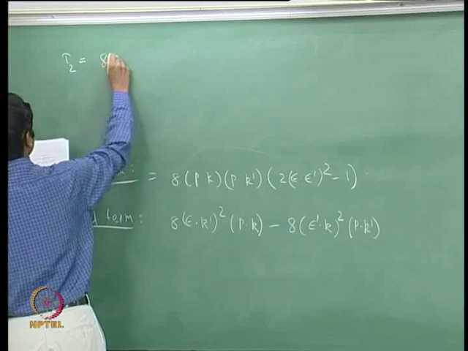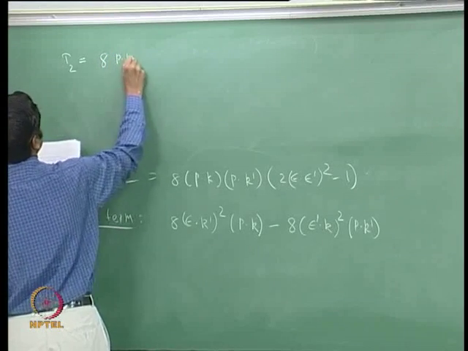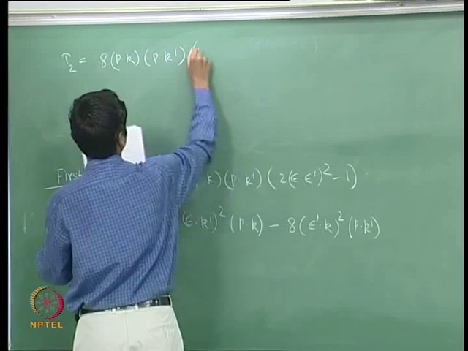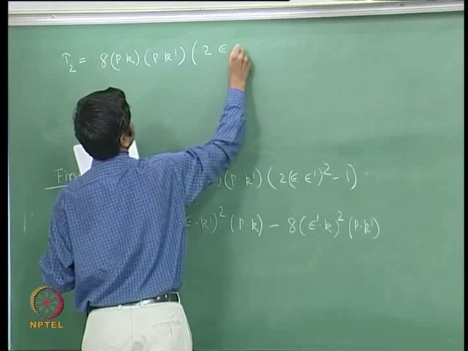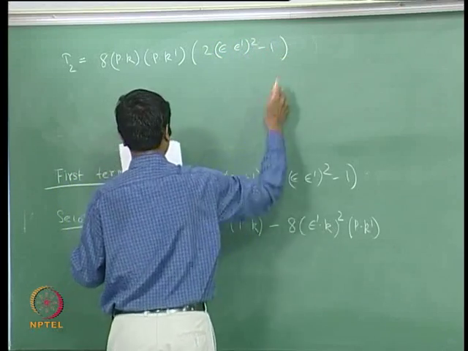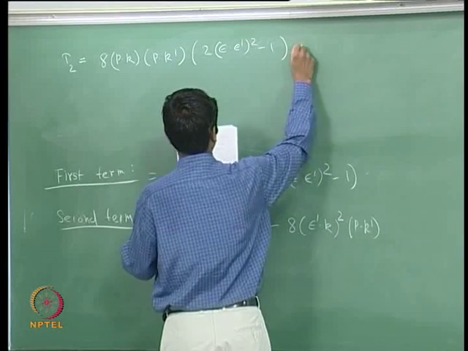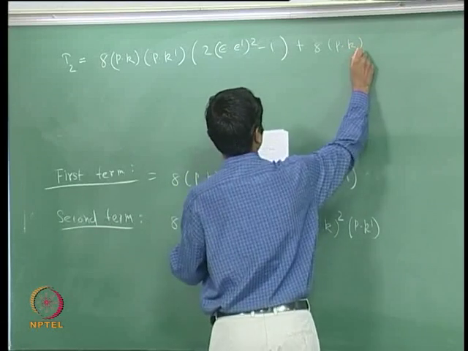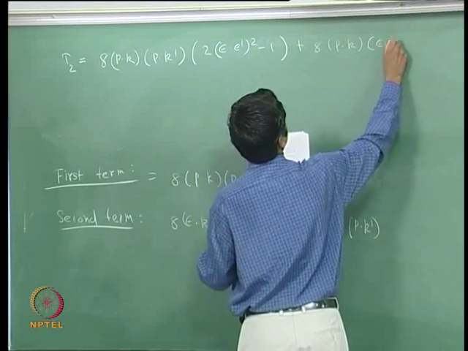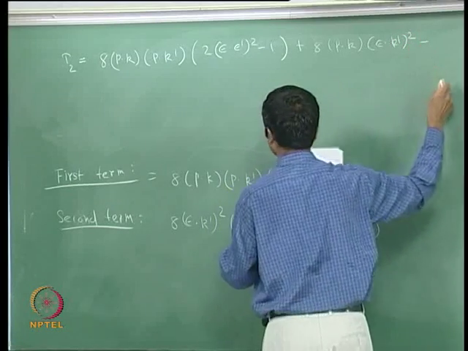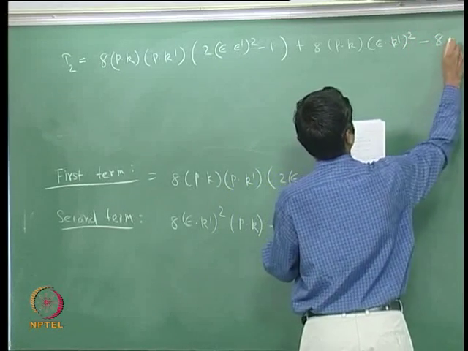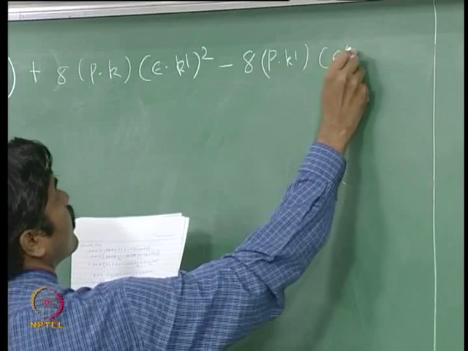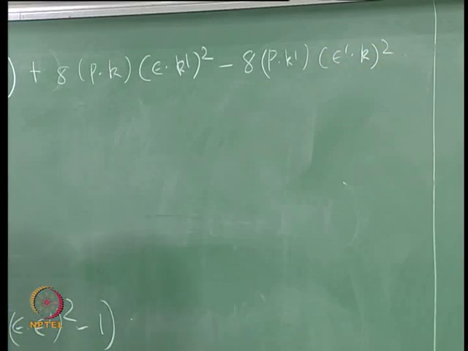So, it is just 8 p dot k p dot k prime times twice epsilon dot epsilon prime square minus 1 plus 8 p dot k epsilon dot k prime square minus 8 p dot k prime epsilon prime dot k square. This is our T2.